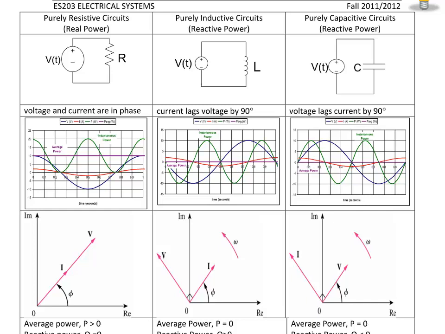So if you notice here, we have a very simple circuit, one that's purely resistive, a voltage source and a resistor, one that's purely inductive, a voltage source and inductor, and one that's purely capacitive, a voltage source and capacitor. So recall from prior lectures that when you have a resistor, the voltage and the current are in phase, and the average power is equal to 10 if we assume that we have a current of 1 amp and a resistance of 5 ohms.